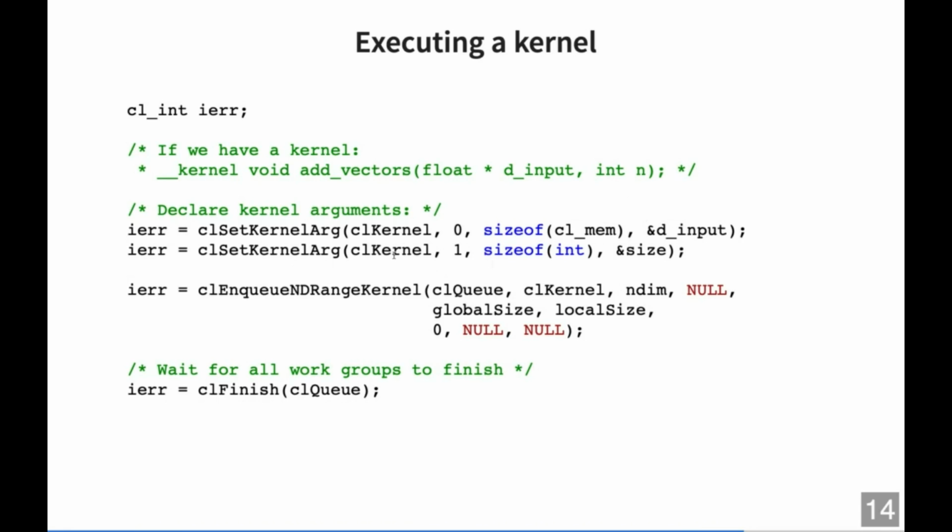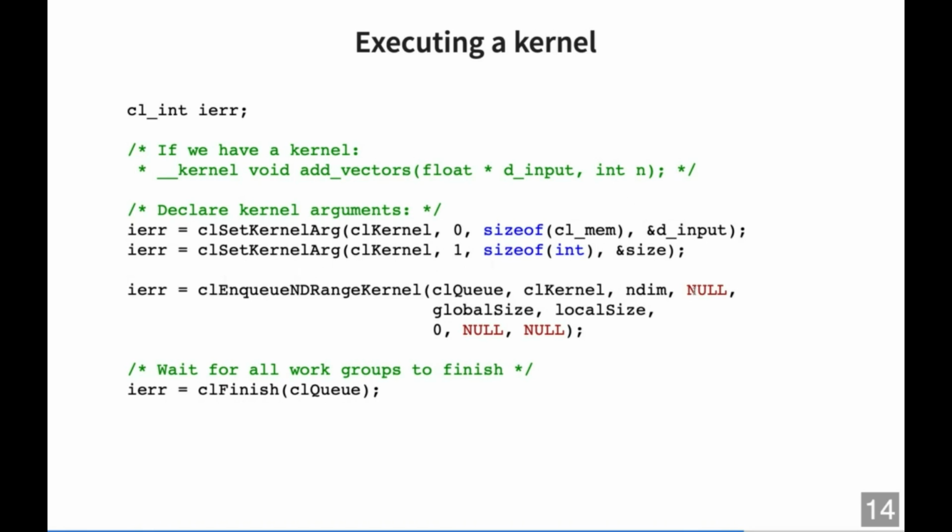So the equivalent of this execution configuration in CUDA is this clEnqueueNDRangeKernel, for n-dimensional range kernel, which takes as its arguments this cl_command_queue object and the cl_kernel object. The third argument, ndim, is the number of dimensions in your problem space.